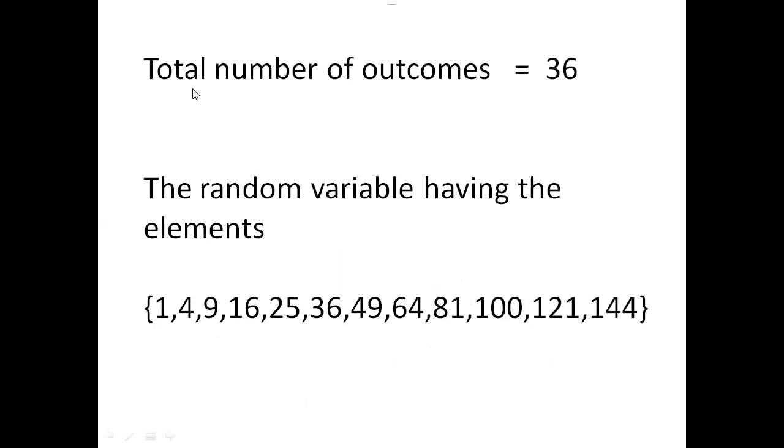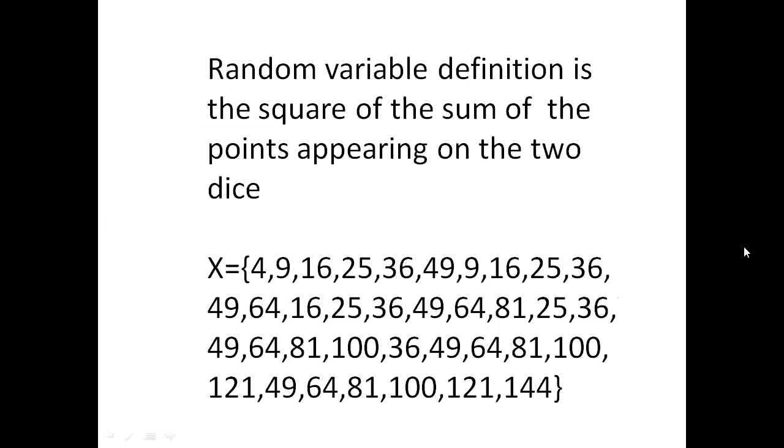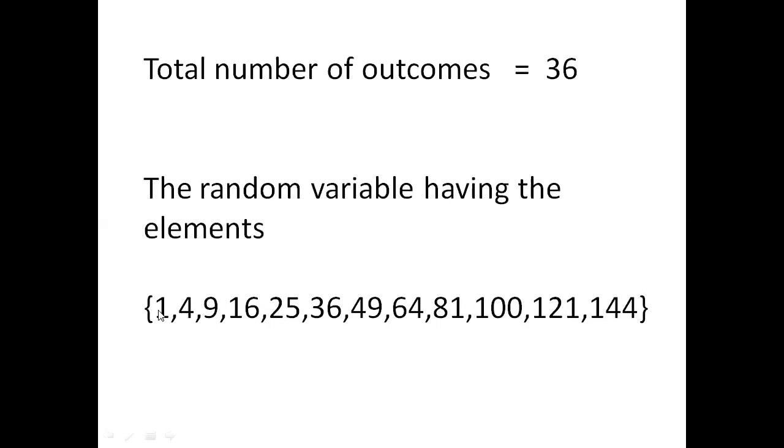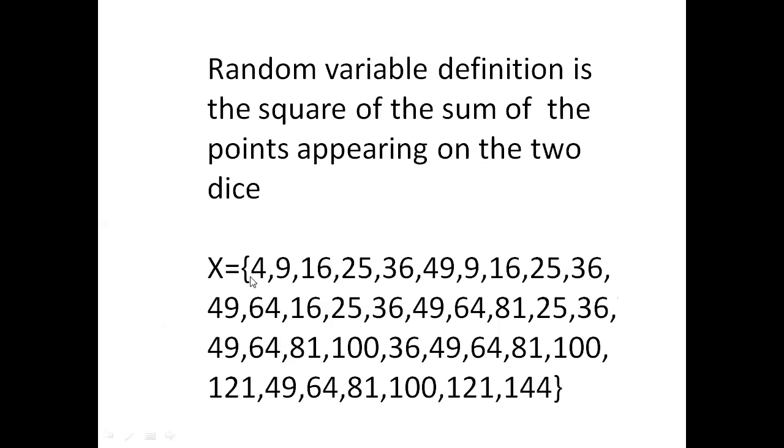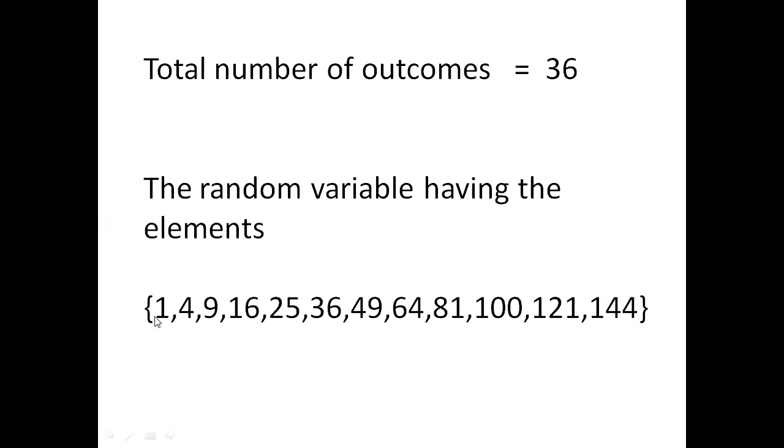Here the total number of outcomes whenever two dice are thrown is 36. The random variable has the elements, here 1 is not there. Sorry, this is a mistake. 1 is not there. The events start from 4. So erase this one.